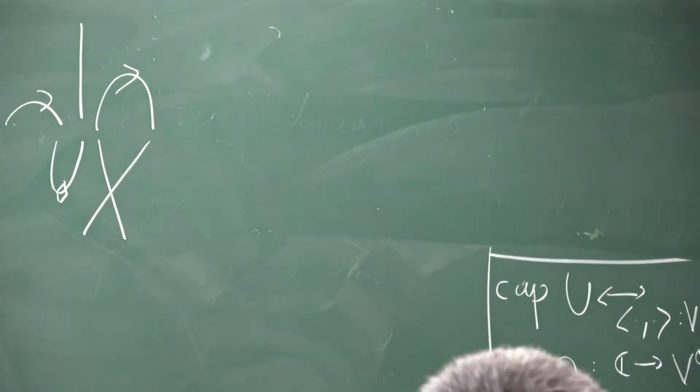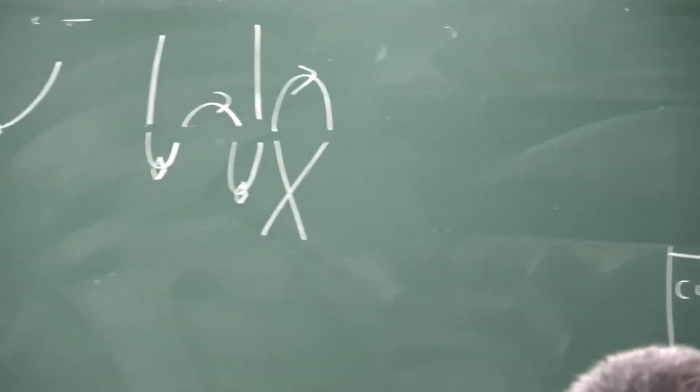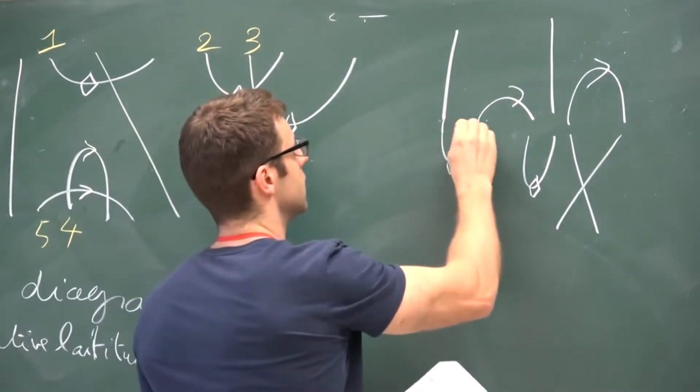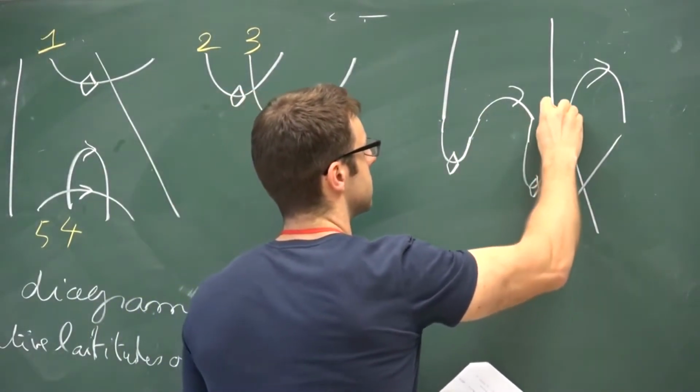So I've just put one diagram on top of the other with the decorations in the order that I explained here. So again, we just join up the two diagrams.